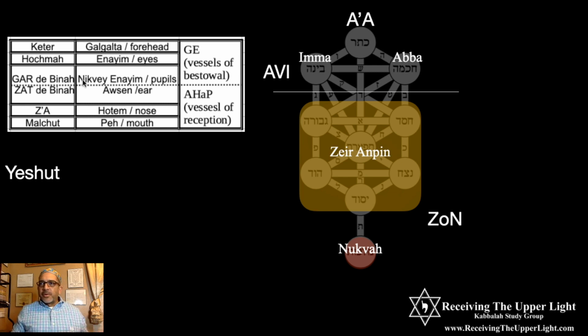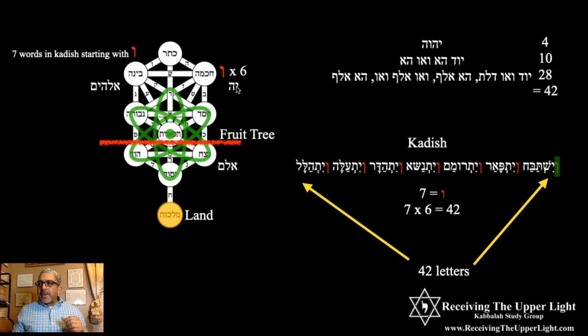Like I mentioned before, make sure you keep in mind these names of the Yud-Hei-Vav-Hei, Elohim, and Elam, because the next section that we're going to study in our next lesson is who has created this, and we're going to study the name Elohim and how this is very important to understand, because this is how we're going to start understanding which forces are involved in the creation.